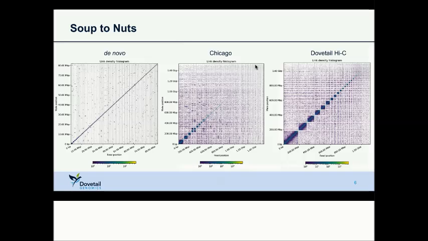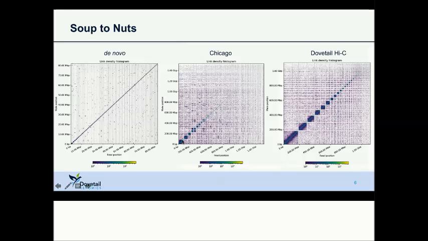This is a project that we did with Brant Faircloth at LSU. This is a bobwhite bird, and this is a soup to nuts project for us, where Brant sent us the tissue and we did everything involved, from the shotgun libraries to the sequencing to the de novo assembly, and then the Chicago and Hi-C libraries and scaffolding with those. And so what I'm plotting here are, in each of these cases, a number of scaffolds.